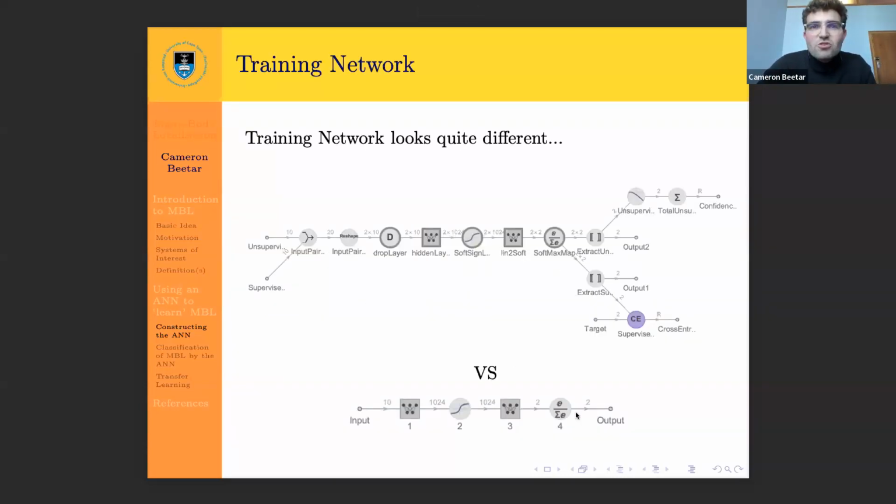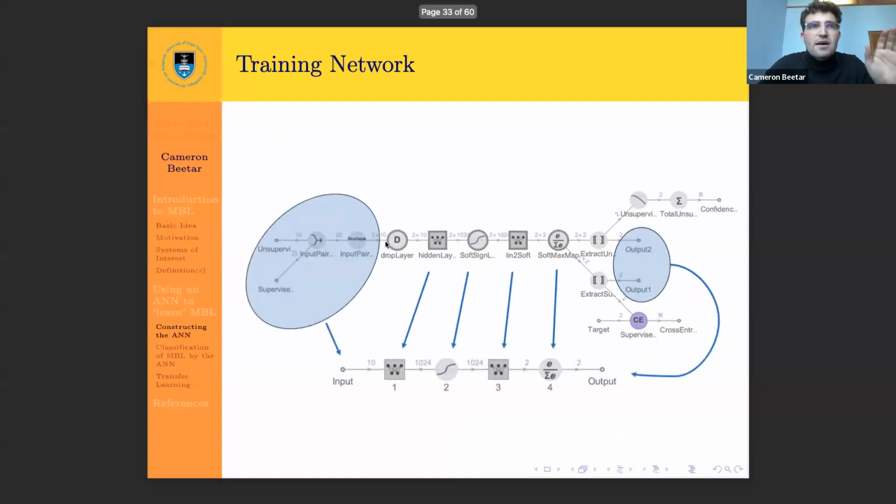What I've told you about is essentially what's at the bottom here. This is the extracted network, but training is slightly more complicated, and I'm going to have to leave out a bunch of stuff, but hopefully you get an idea of what's being done during training. When comparing these two, you can see how you can extract this bottom network from the top one.